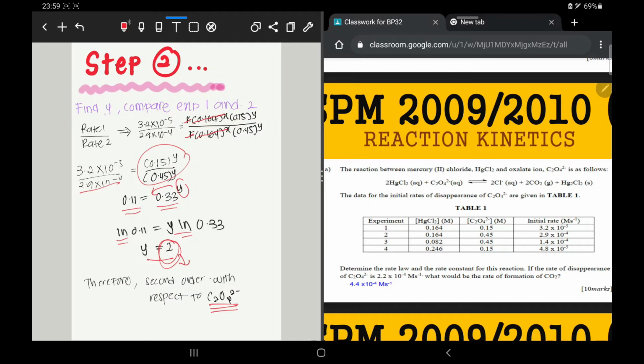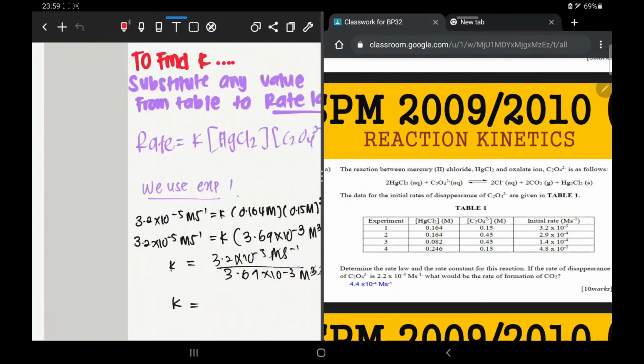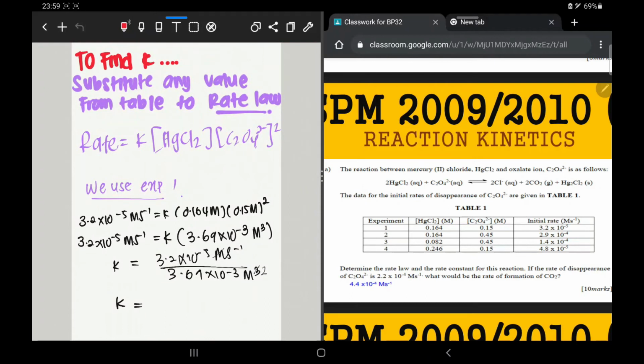So after you find x and you find y, you would be able to find the value of k. To find k, substitute any values from the table into the rate law equation. The rate law equation over here is this one: rate equals k [HgCl2] [C2O4 2-]^2.